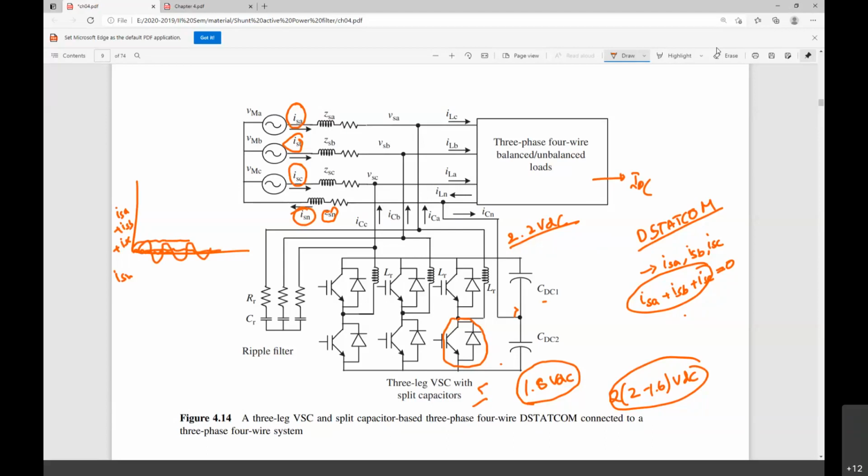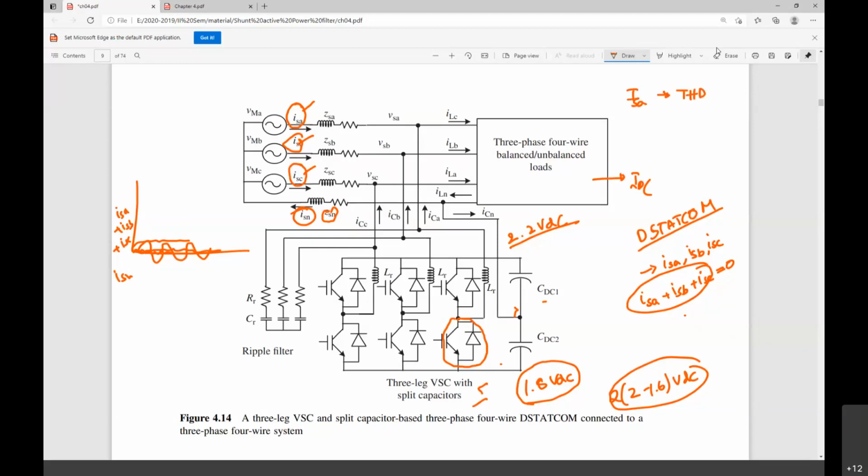One more thing you can do. The requirement of this compensator is to make the source current distortion free, in ISA and ISB. In order to see that it is distortion free, we are going to measure the source current THD.